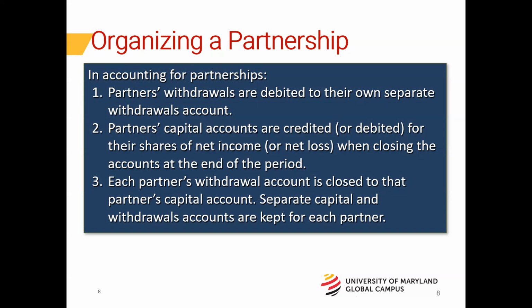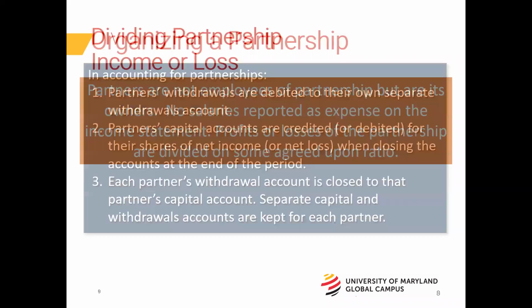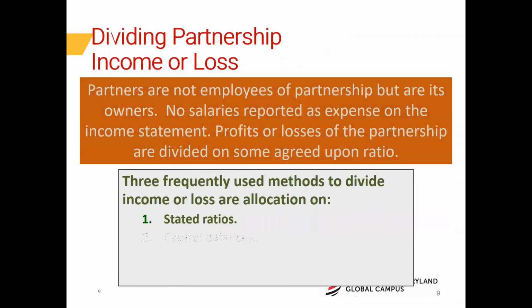And if there's a closure of a partner account for whatever reason, the partnership got dissolved, one of the partners left the company, there's a separate withdrawal entry that's made for that as well. I'll just show you a couple of examples of what those look like.